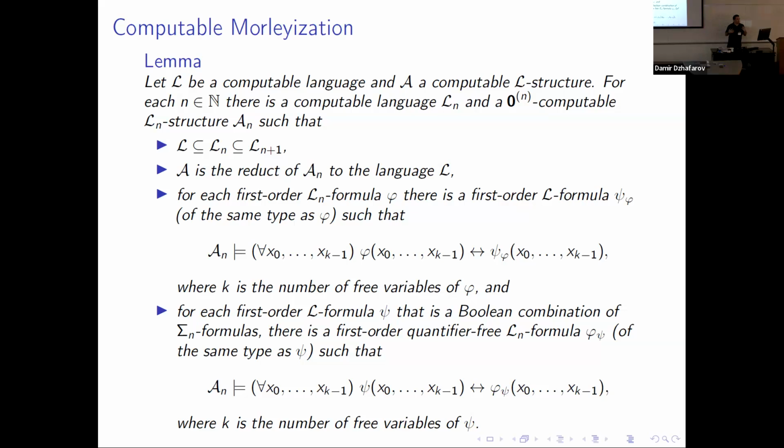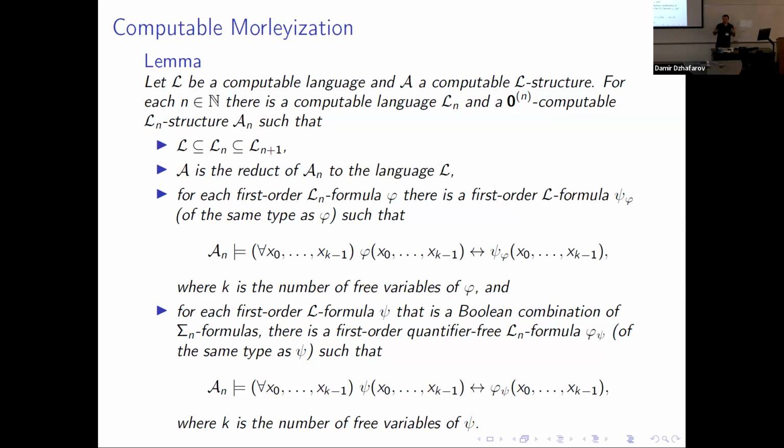What you get is a new structure that is no longer computable. It's now 0 to the n jump computable, because a sigma n formula becomes a quantifier free formula, so it takes n jumps to calculate it. But it's moralized, which means that every first order formula that is a Boolean combination of sigma n formulas is now equivalent to a quantifier free formula.